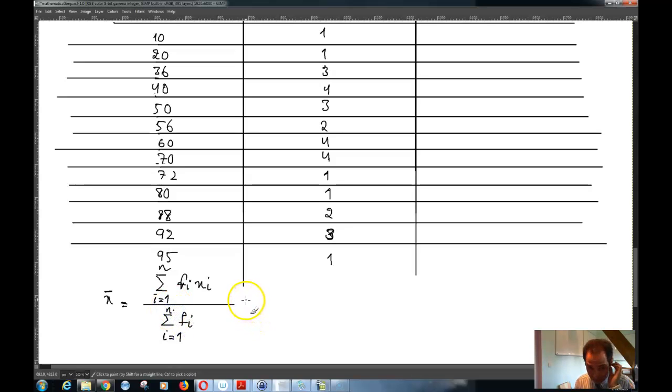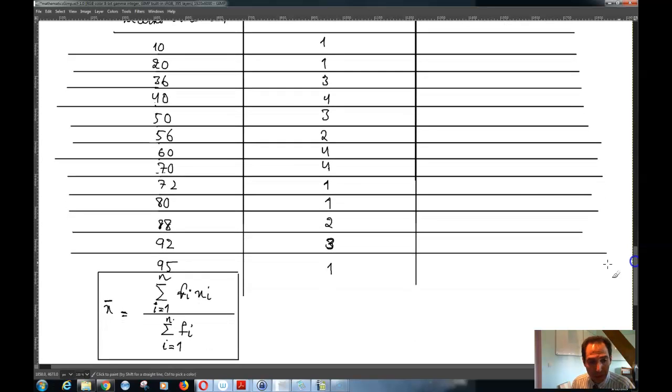So what I need here is sigma f of i x of i and sigma f of i. Sigma f of i x of i means that I'm multiplying f of i and x of i together, and then adding all of those together.